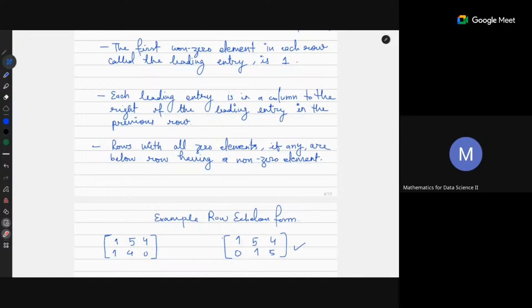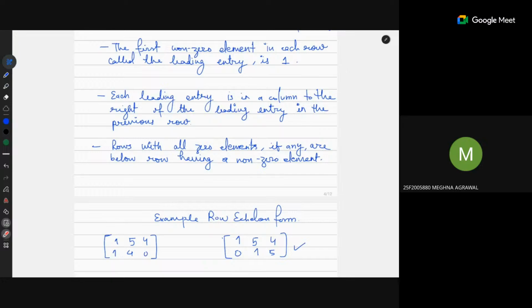So we will place that row at the bottom of the matrix. No, I am saying that the first row is 0 0 1. Yes, first row. Then it will not be in row echelon form because it will not satisfy the second condition.